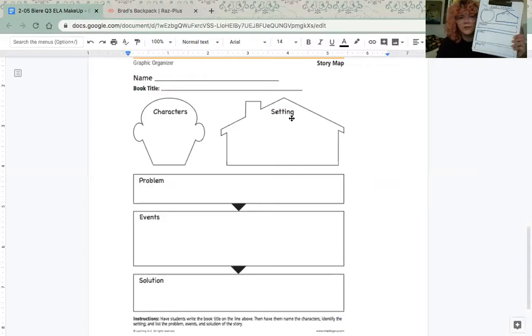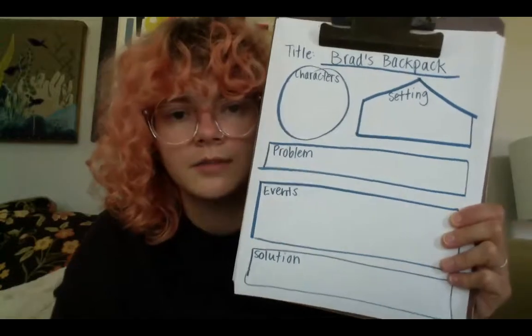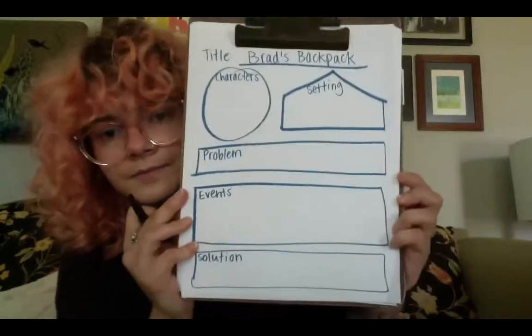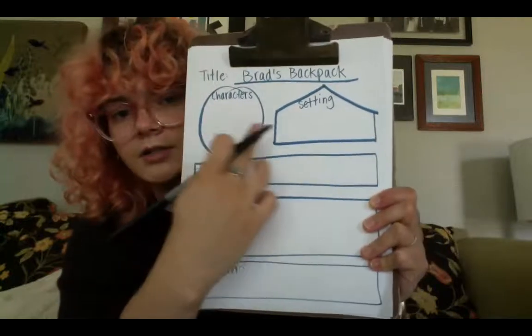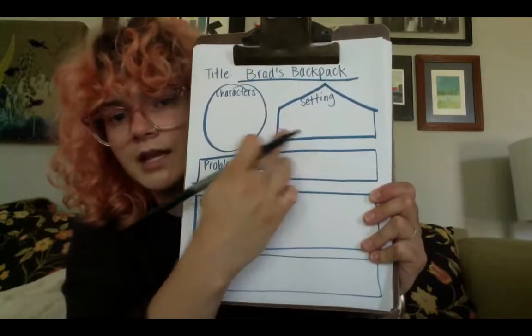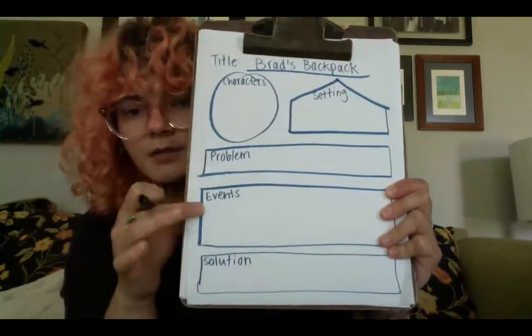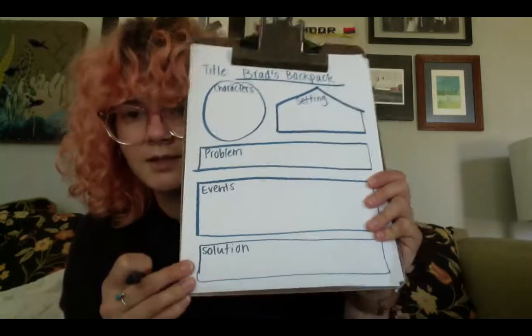Okay, so hopefully you have drawn something that looks like this. You've got your title, you've got a circle for characters, a house or a box for setting, and then you've got 3 boxes for problem, events, and solution. So I'm going to grab a different color marker, and I am going to fill mine out based on the story that happens with Brad.